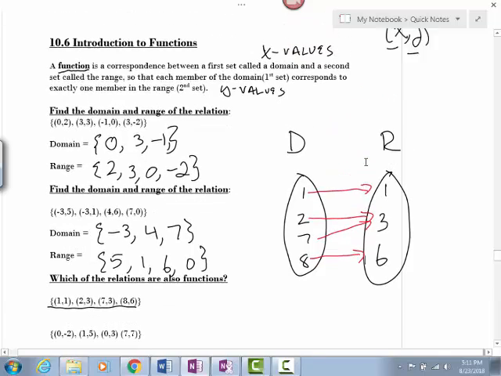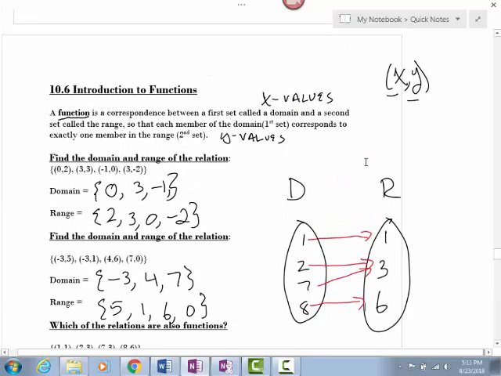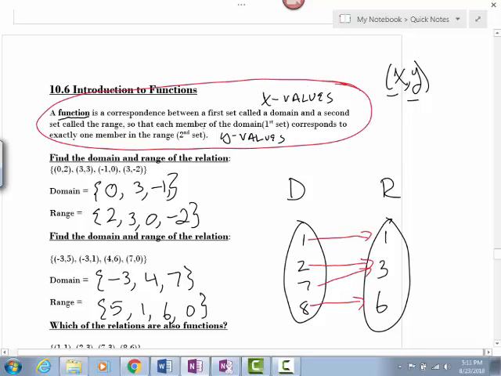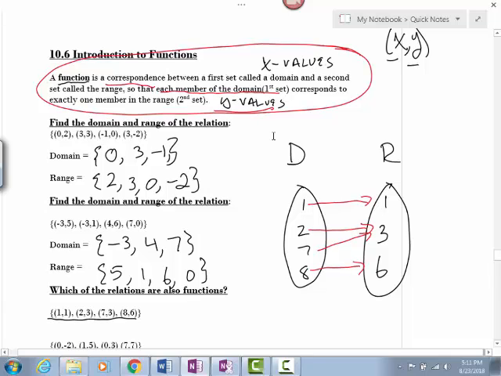And what I want to do is I want to come back up here and I'm going to look at the definition of a function, okay? And it says it's a correspondence, okay, between the x values and the y values. And it says so that each member of the x values corresponds to exactly one member in the y value. So I want to look at this thing here.